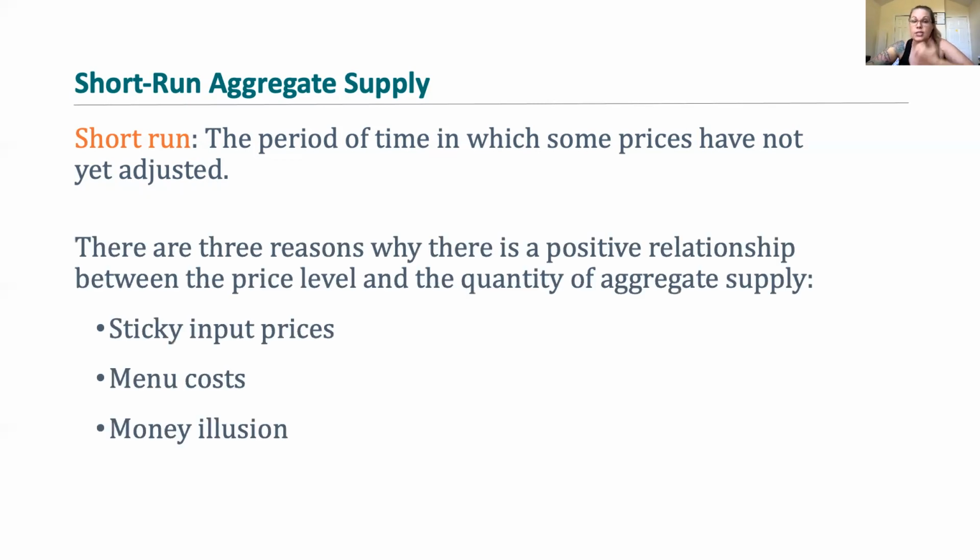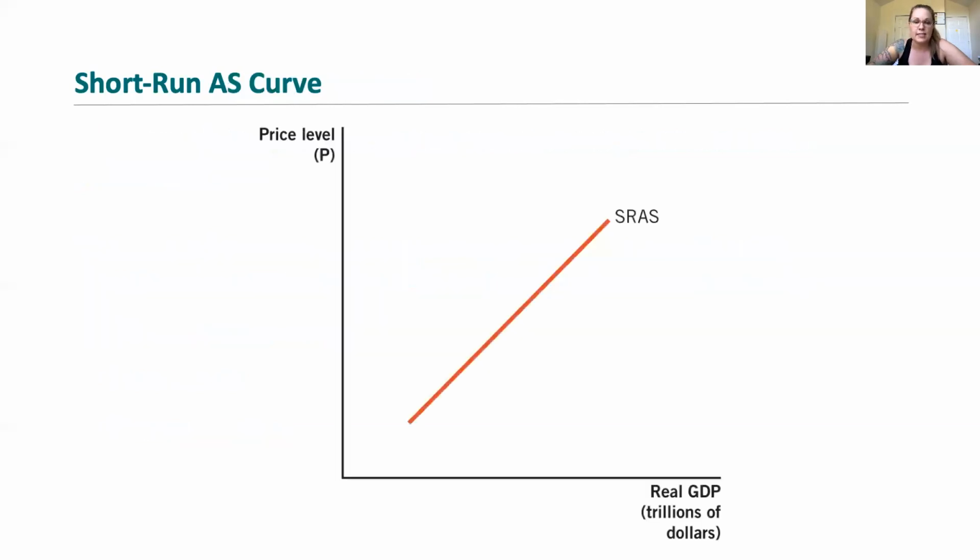The three reasons are sticky input prices, menu costs, and money illusion. All of them share the same idea behind them that when price level deviates from what a society expects it to be, this will cause real effects in output in the short run. So we're going to break down each of these effects after we look at this in a graph.